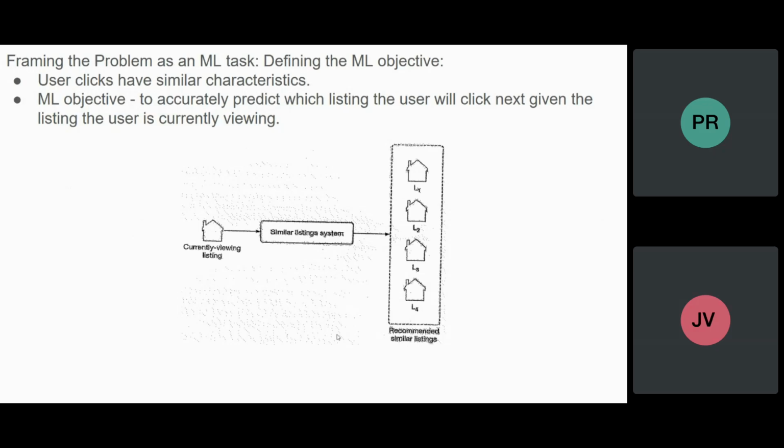Also, whenever a user is viewing some items, there are similar characteristics to the next item the user usually browses. You can see in the diagram there is a current listing being viewed by the user. The similar listing system will recommend other similar listings with respect to the current listing being viewed.